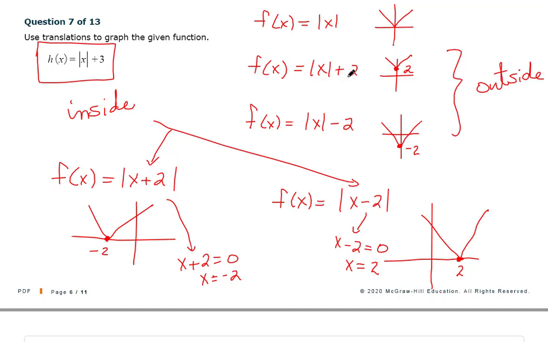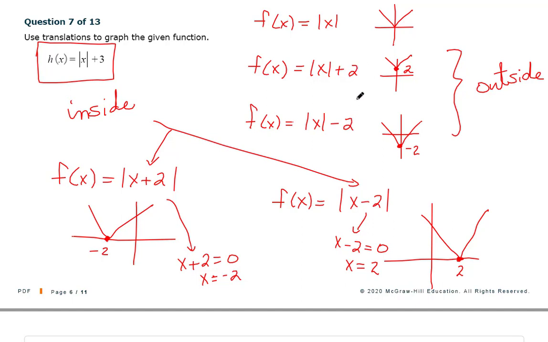And notice where I'm doing it. I'm doing it outside of the absolute value. And in these two cases, I'm adding 2 and subtracting 2 on the inside. So where it is happening matters quite a lot.